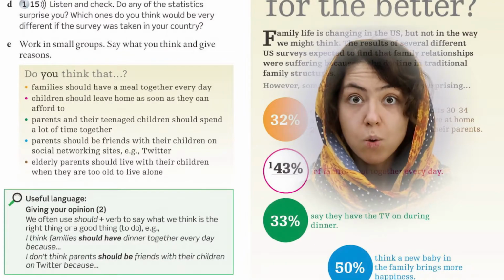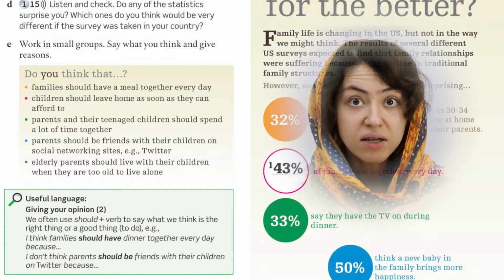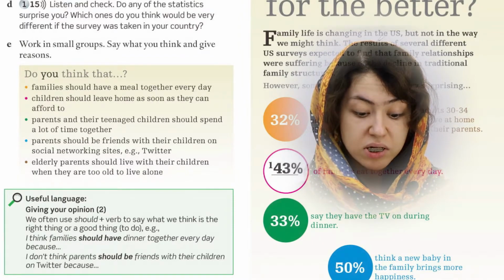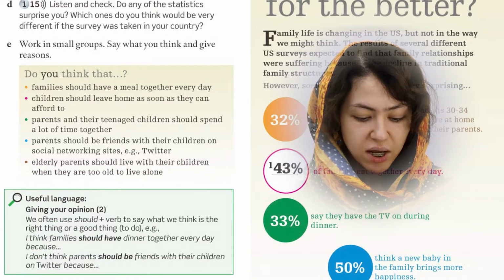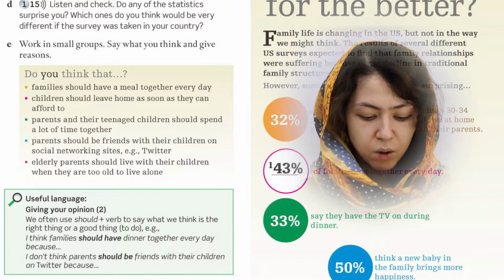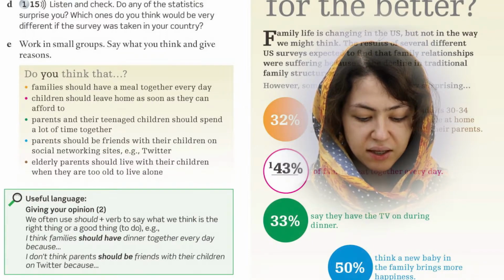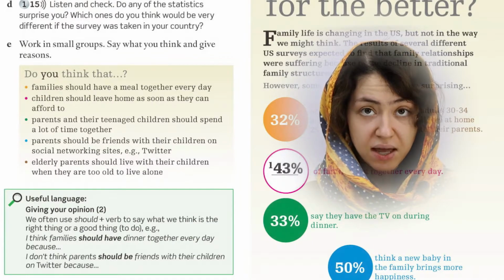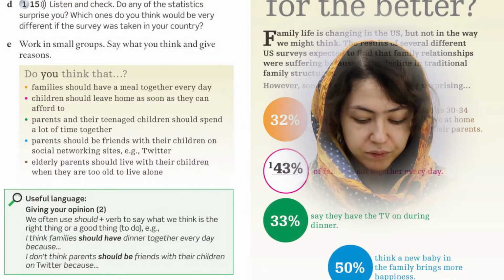Okay, so there is a very useful part in the box below the speaking section. Take a look at the box. Useful language, giving your opinion. We often use should plus verb to say what we think is the right thing or a good thing to do.